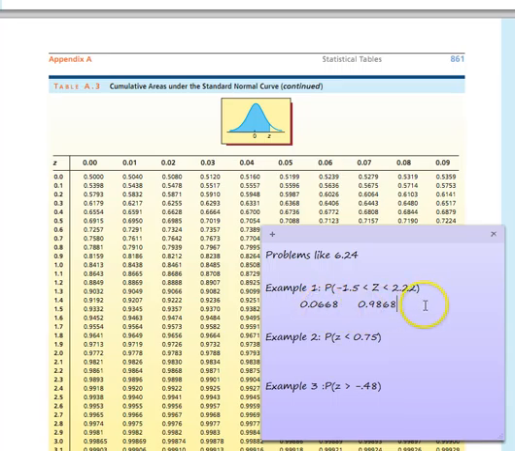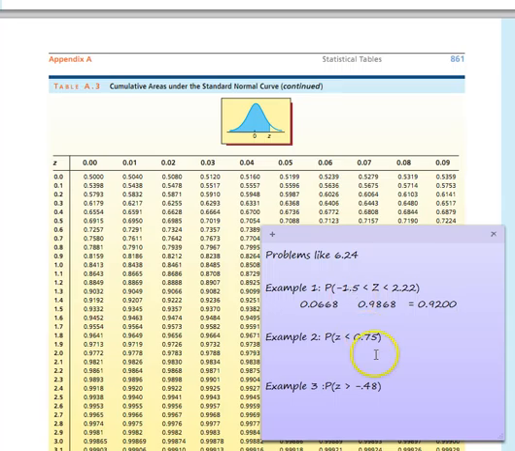Now, it happens to be that I can do that in my head, only because the numbers work out so nice and neat. So it's 0.9200, and the probability that z is between this value and this value is 92%, or 0.9200.